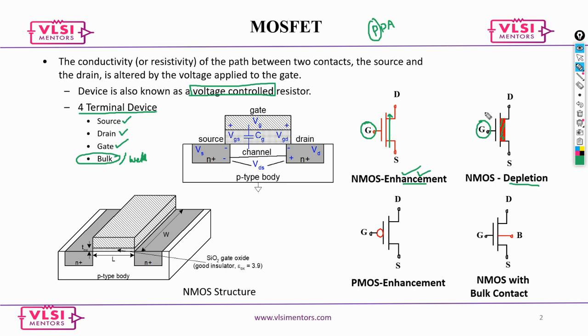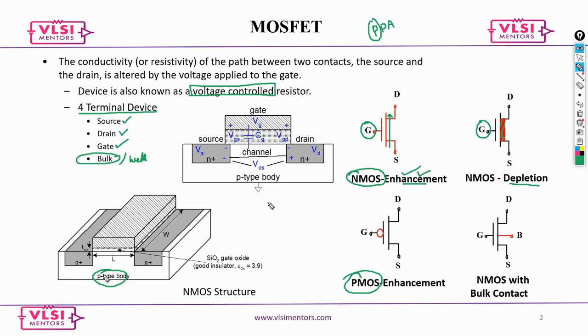Now, coming to the types of MOSFETs, what are the different types? There are two types: NMOS and PMOS. NMOS is manufactured on the P substrate, whereas PMOS is manufactured in the N well.